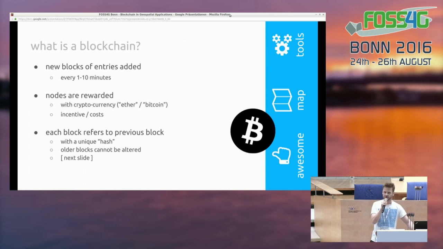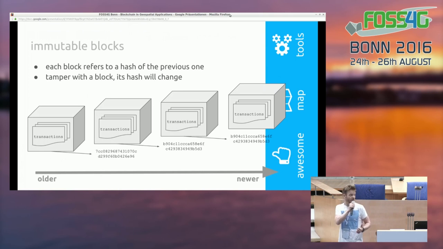Each block refers to the previous one in this way. So there is a hash which is derived from the previous block, which is then put into the following one. And a hash is like a fingerprint of a chunk of data. And if you change one bit, the hash changes. So that means that all the old blocks of entries in this system cannot be changed. If you change them, the puzzle doesn't fit anymore.